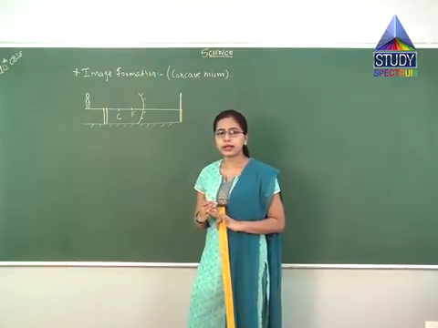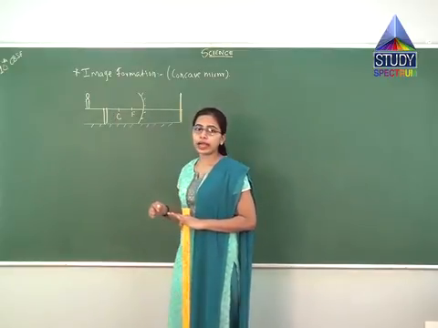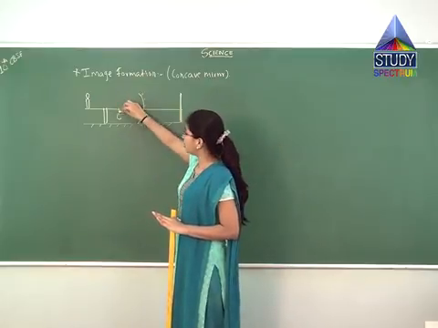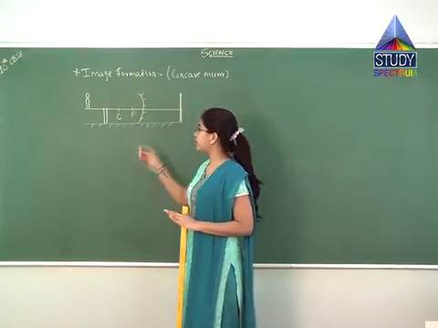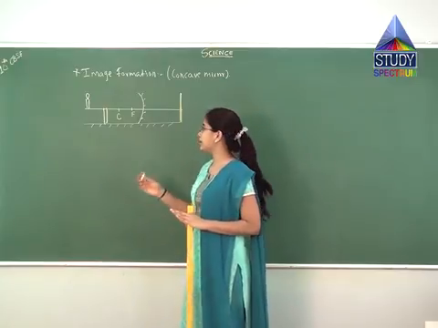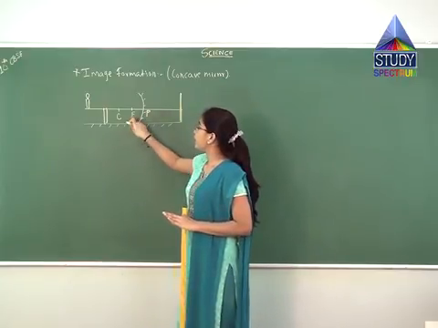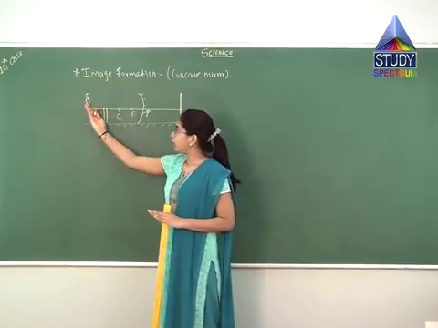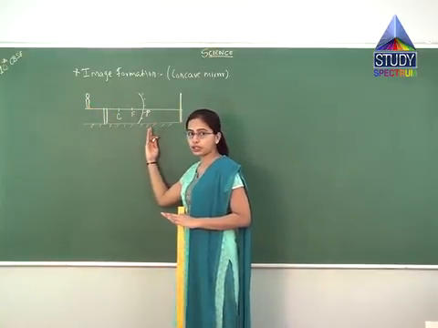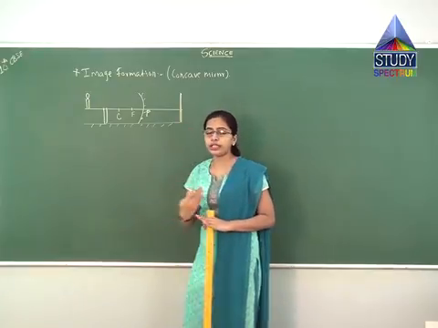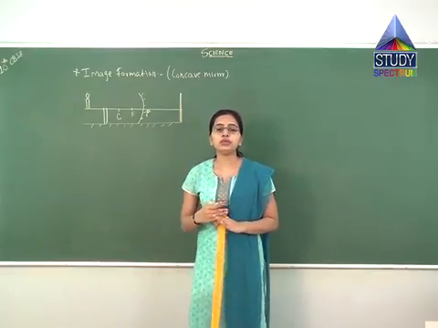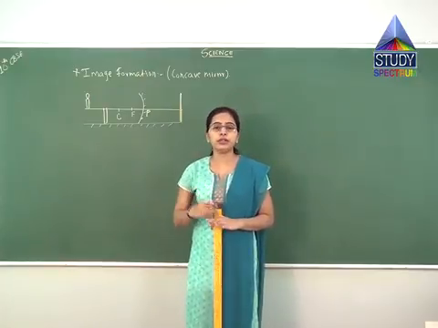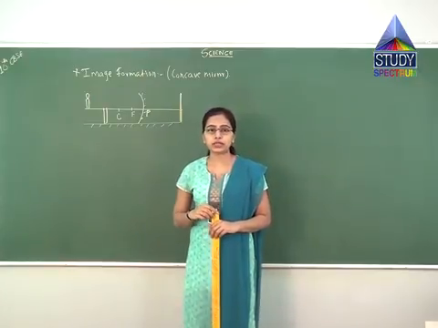In the third case, you will put your candle at the center of curvature. In the fourth case, between C and F. In the next case, at F, and in the next case, between F and P. We are performing this experiment by changing the position of the object, and accordingly we will note down the quality of the image, distance of the image and all. So let us study those cases.